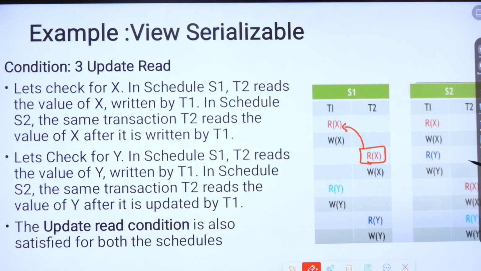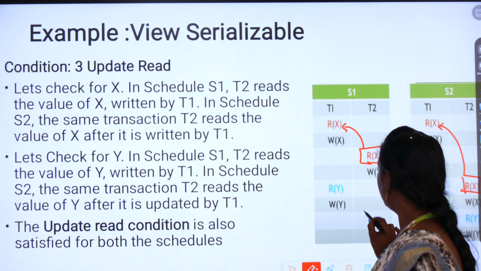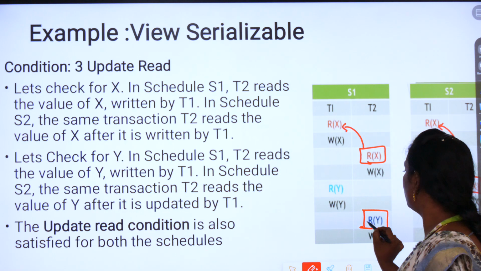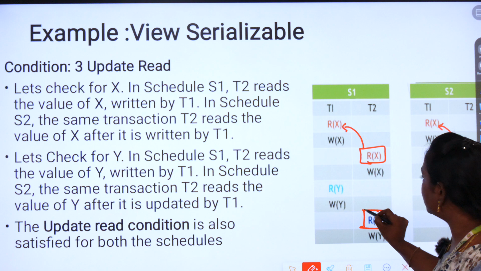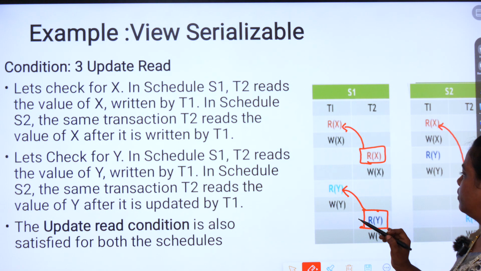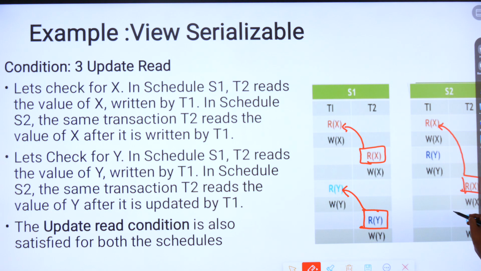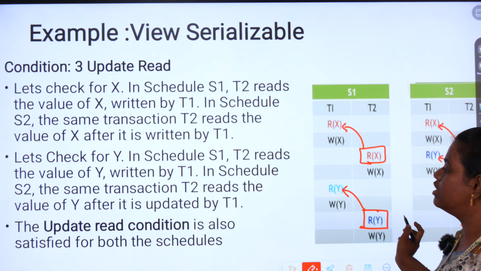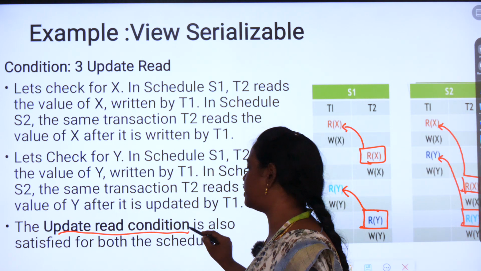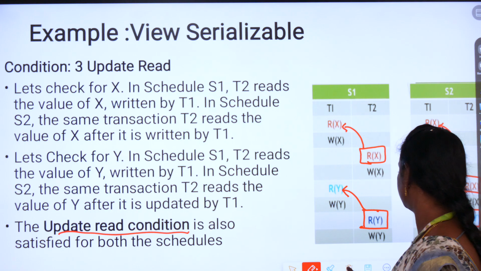Likewise, in schedule S2, the same transaction T2 reads the value of X that is written by transaction T1. Both are satisfied. Now check for Y. In schedule 1, T2 reads the value written by T1. Likewise in schedule 2, T2 reads the value written by transaction T1. So both are satisfied, and the update read condition is also satisfied for both schedules.